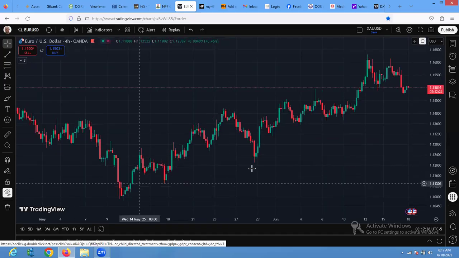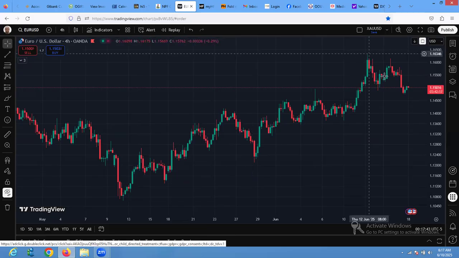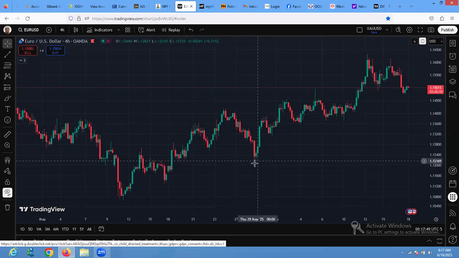So with 1, with 2, now with 3. If we are done with 4, this may have completed wave 4 or not, or we may want to correct the entire run. What the price can do is correct the entire run to about 618 from here to here.